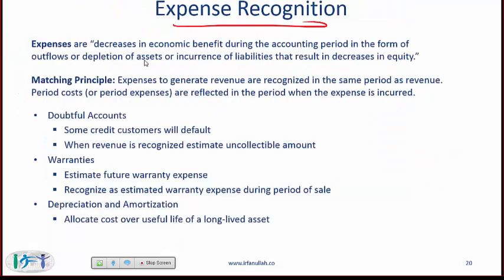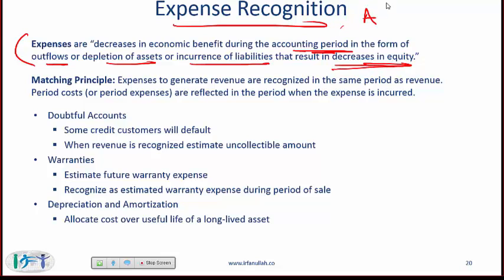Now we come to expense recognition. First, a quick definition. Expenses are decreases in economic benefit during the accounting period in the form of outflows or depletion of assets or incurrence of liabilities that result in decrease in equity. So key point is decrease in equity.